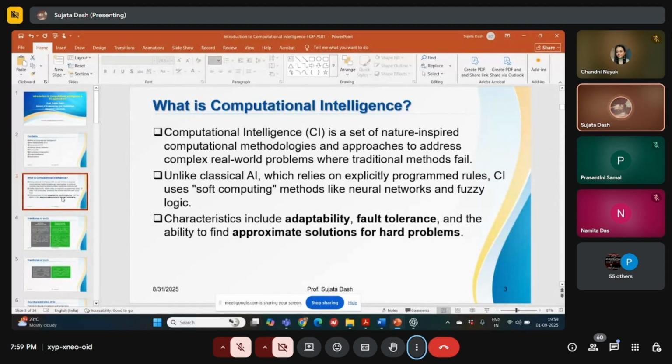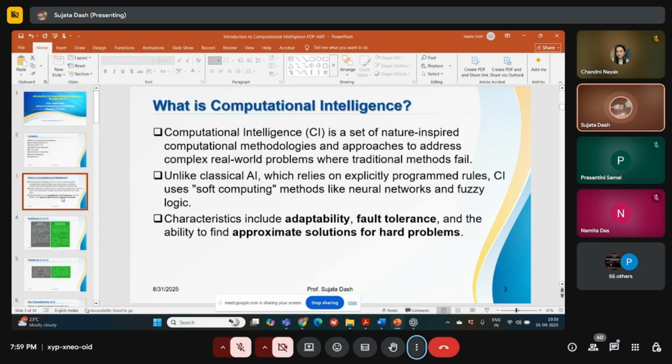Then, next is approximate solution or approximation. CI doesn't produce exact answers. Instead, it focuses on good enough solutions, solutions which are acceptable for problems where exact answers are either impossible or, if possible, very costly.